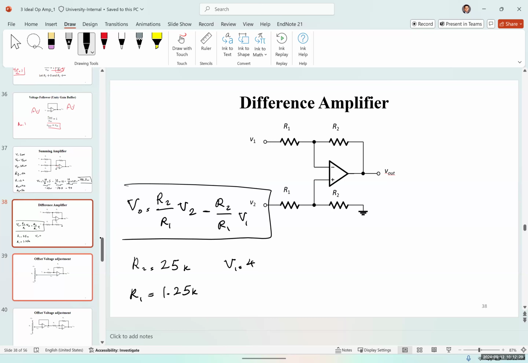V1 is 4 millivolts and V2 is 6 millivolts. Calculate V out.